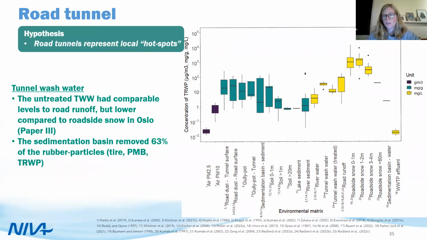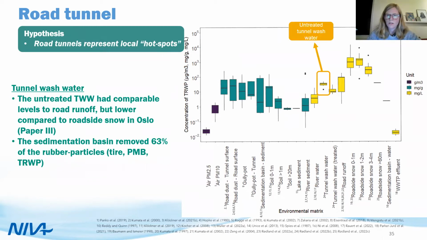But in Oslo, they've decided that all the tunnels here have treatment, because we have a lot of traffic, and also the environmental agencies here are a little bit more, how do I say this, they really want to stop the pollution. So the tunnel that we studied was here in Oslo. It has a sedimentation treatment, and it also has a rain garden after the sedimentation treatment. So we sampled before and after the sedimentation treatment in this study.